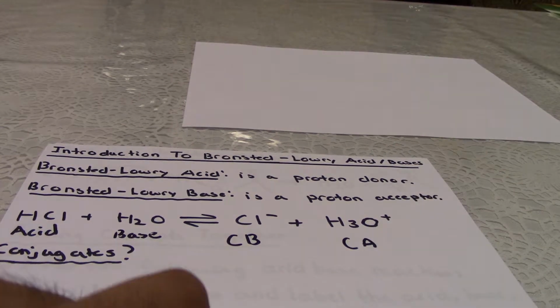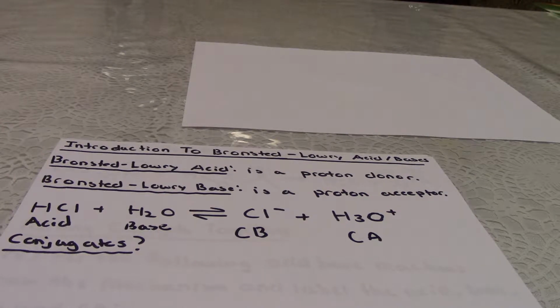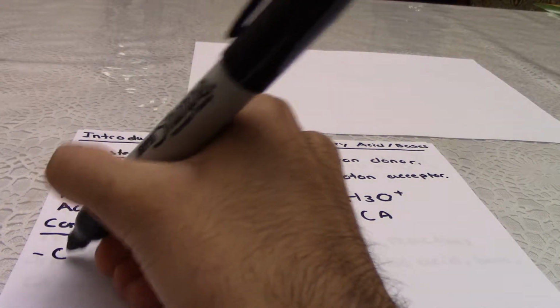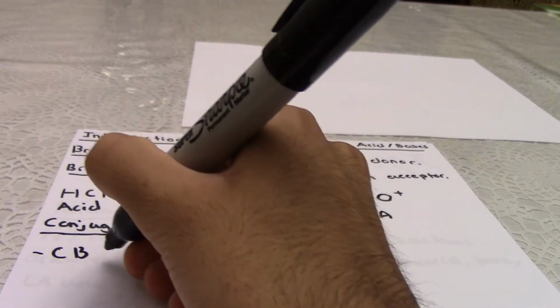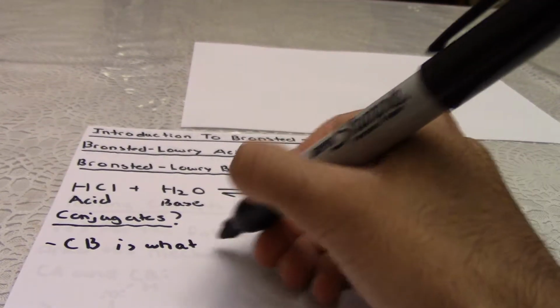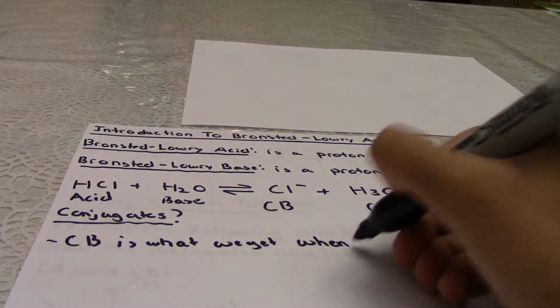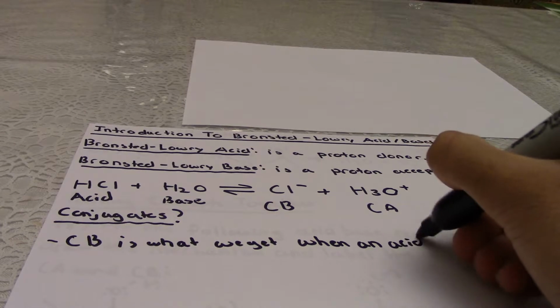Now, if you're not quite familiar with how I got the conjugate base and the conjugate acid, a good way of thinking about it is that the conjugate base is what remains. So here, I'll write that down right over here. The Cb, which I abbreviated again as the conjugate base, is what we get when an acid is deprotonated.